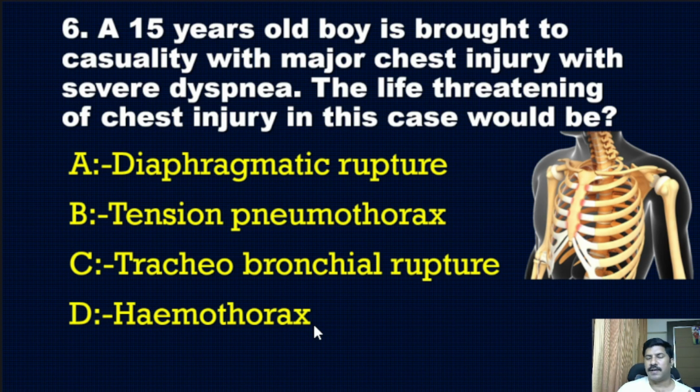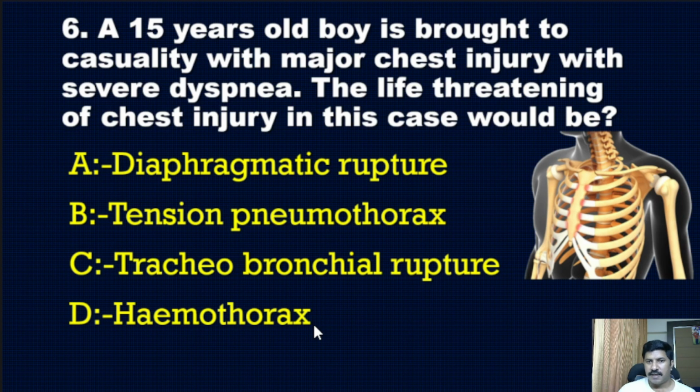In the case of open chest injury, there will be a chance of air entering from outside into the thoracic cavity. Outside, atmospheric pressure is high, and inside the thoracic cavity, the pressure is low. Because of that only, we are able to breathe in. The diaphragm creates a negative pressure inside the thoracic cavity that helps the person breathe in. If there is an open chest injury, the atmospheric pressure from outside will enter the thoracic cavity and the pressure will be equal.